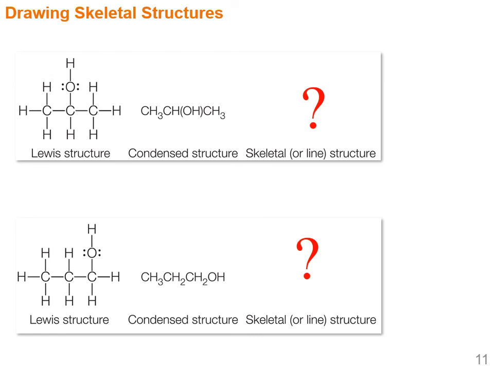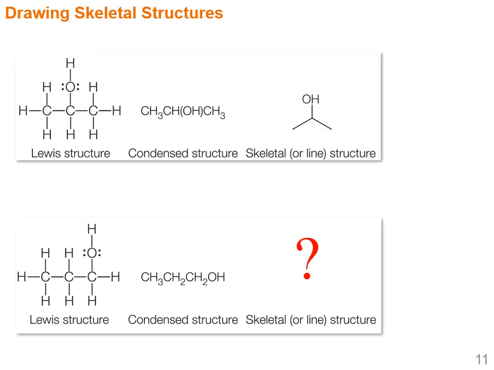Let's see how we can convert a given Lewis or condensed structure to a skeletal structure. The first thing you need to do is to count the number of carbon atoms in the longest continuous chain. Here we have 1, 2, 3 carbons. Those carbons are shown by 2 lines that connect them. So there are 2 bonds connecting 3 carbons.